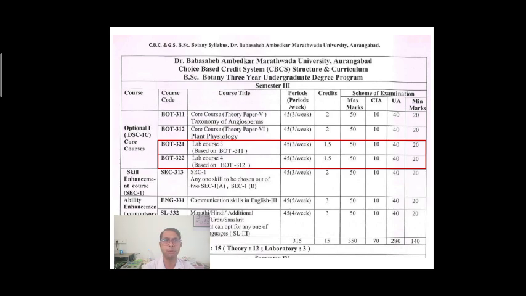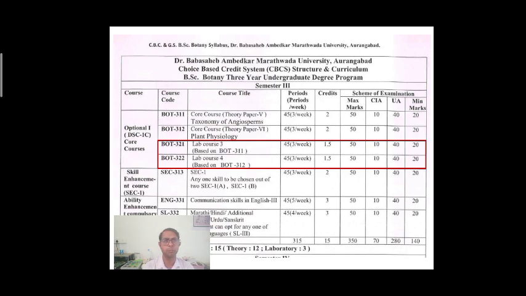Both have 45 lectures, 3 lectures per week for each paper, and 1.5 credits for each paper. The practicals also carry 50 marks for each lab course, with an internal assessment again, and 40 marks for the performance of your practical.